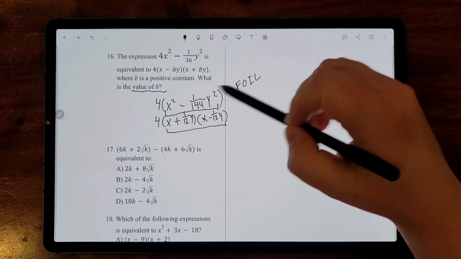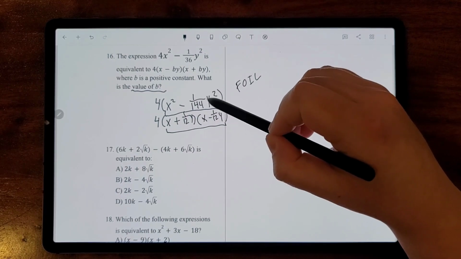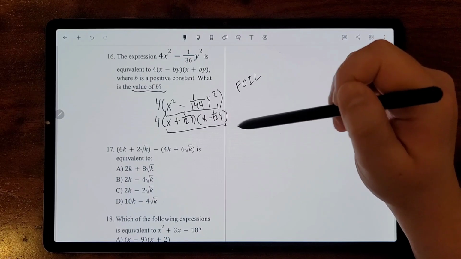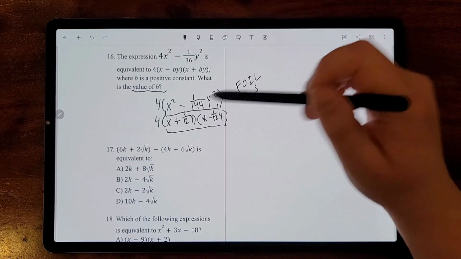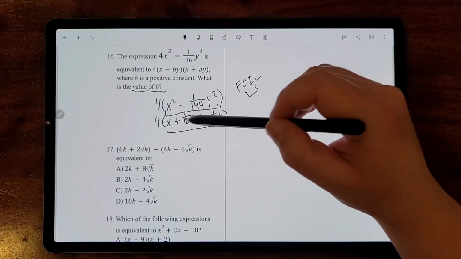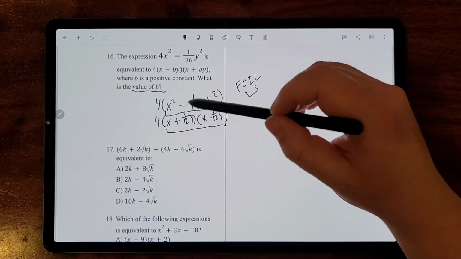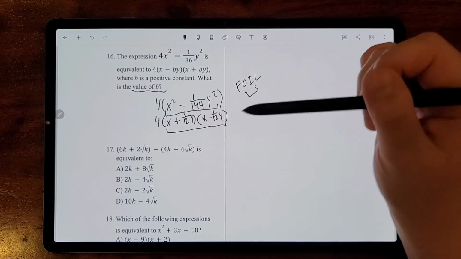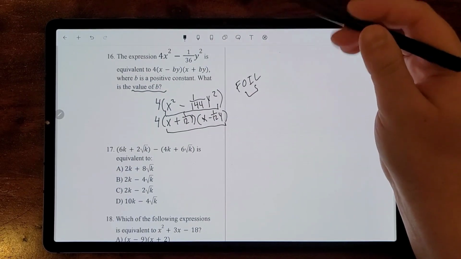So the first terms have to multiply to that number, and the last terms always have to multiply to whatever's right here. But where it gets tricky is you also have to think of the O and the I situation, the outer and the inner. So in this case, the outer and the inner terms when you multiply would have to cancel out so that you're just left with the first and the last term when you FOIL it out. So this is one of the harder problems.